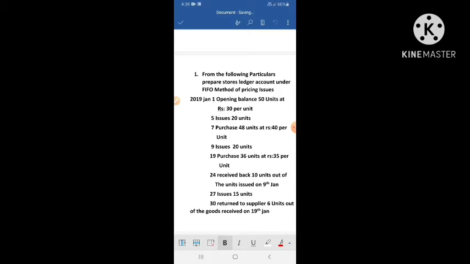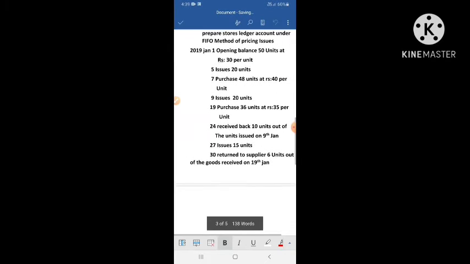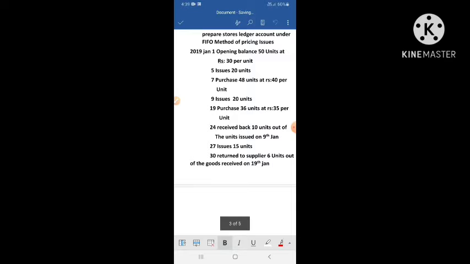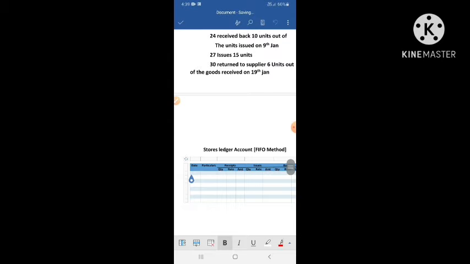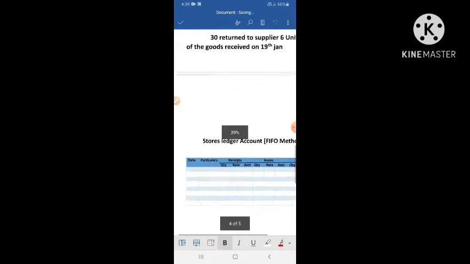So on 1st Jan 2019, opening balance of 50 units at rupees 30 per unit. The opening balance is also known as balance brought down. Whatever it is, we can write opening balance or balance brought down.